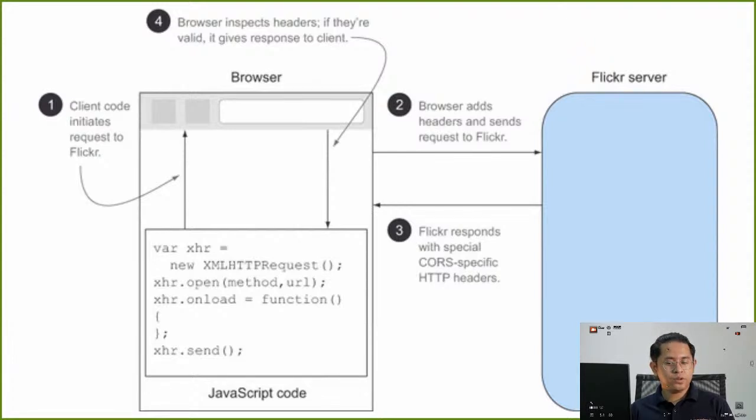Why are headers requested before sending the request to the server? The reason here is the server will check whether the headers are allowed, or whether the method is allowed.